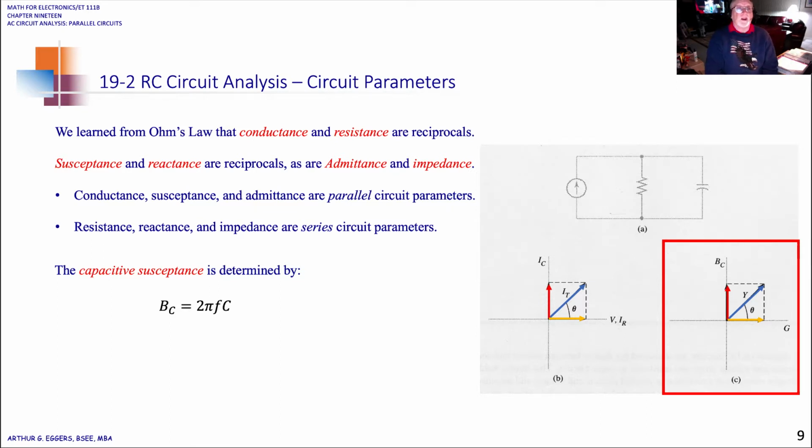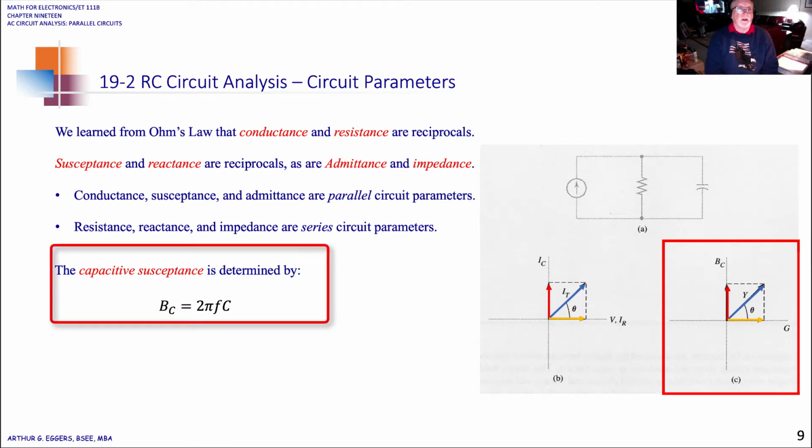So if we take a look at this formula below here for capacitive susceptance, it looks kind of like what we saw before for X sub L, the reactance for an inductor, since it's in the numerator. But yet it has the term that was in the denominator for capacitive reactance.